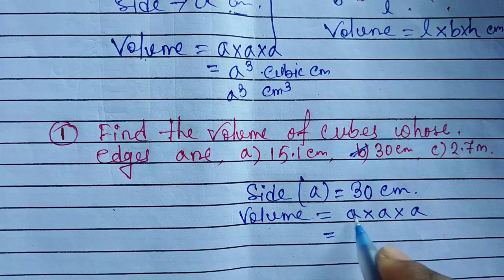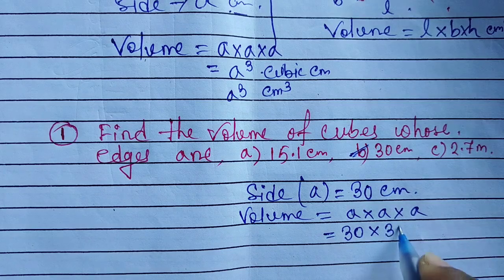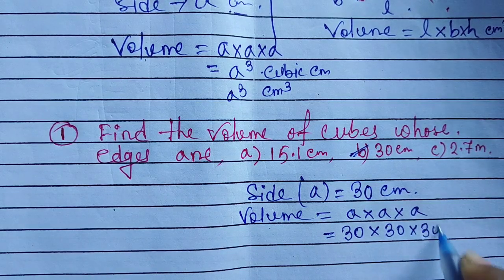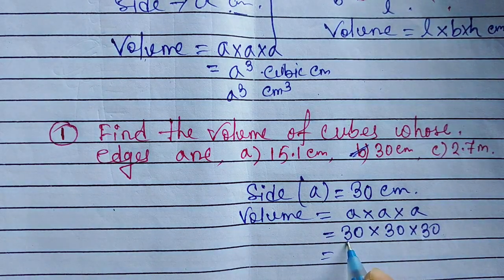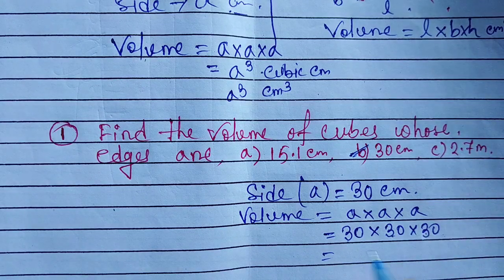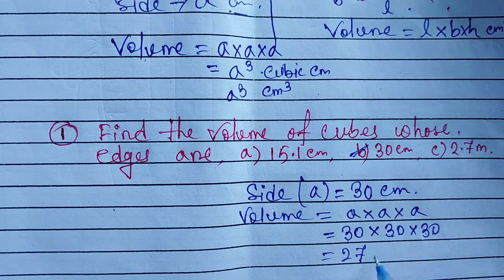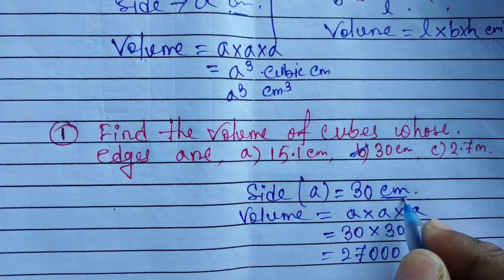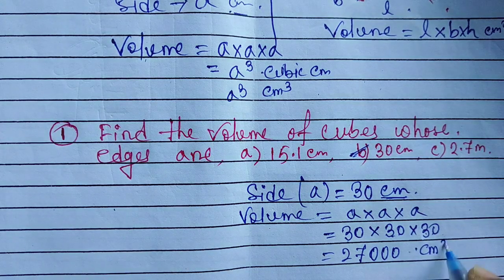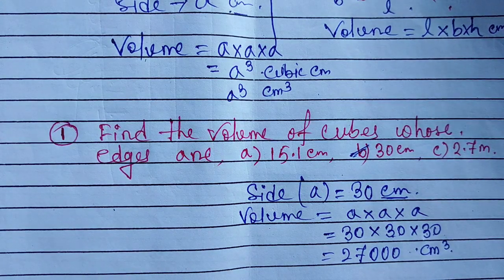The value of a is 30 centimeter, so it will be 30 into 30 into 30. 3 threes are 9, 3 nines are 27, and then how many zeros? 3 zeros. So write here 3 zeros, and the unit is centimeter cube or cubic centimeter. Now try to solve the other two, A and C, at your home.